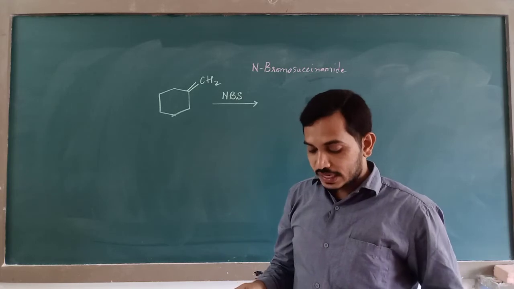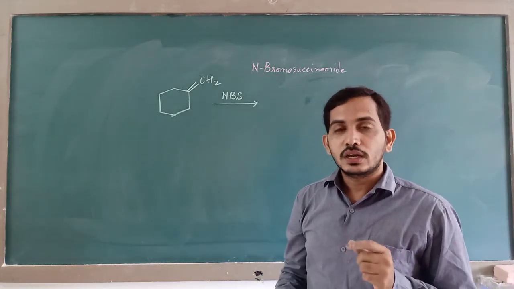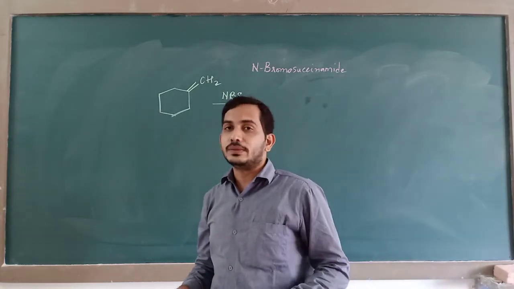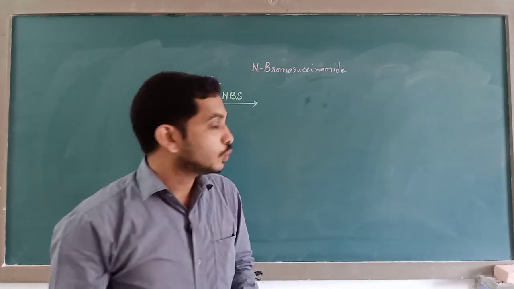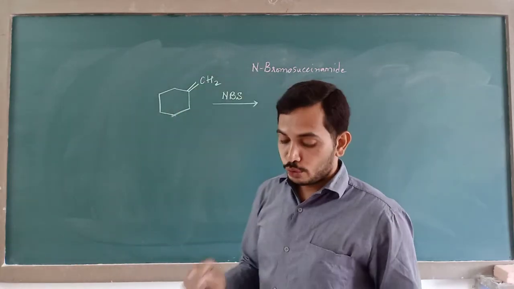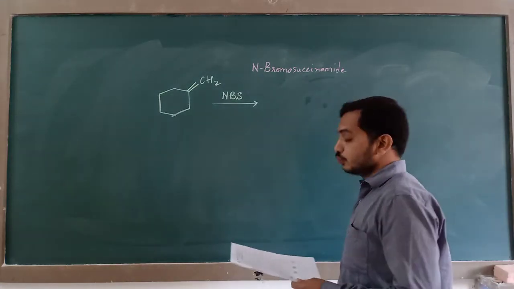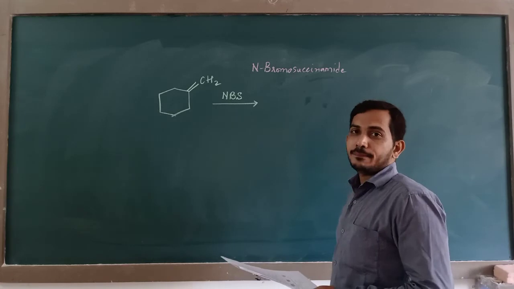Now N-bromosuccinamide is a very selective brominating agent. It is used when you want to introduce bromine into a compound, usually a cyclic compound. So N-bromosuccinamide is a very selective brominating agent and it usually or normally brominates ethylenic compounds.